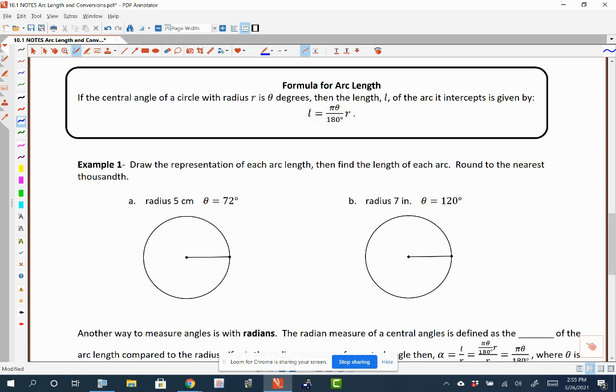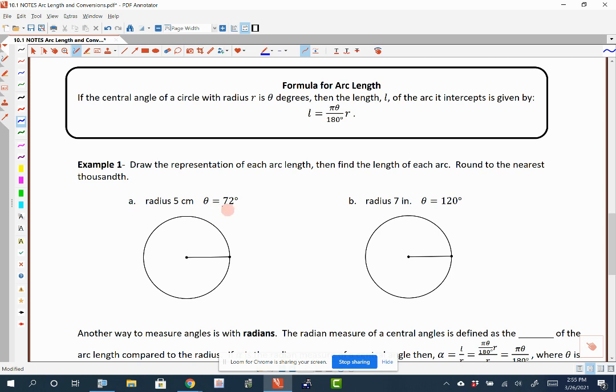So example 1 wants us to draw the representation of each arc length and then find the length of each arc. And we're going to round, it says, to the nearest thousandths. From what we've done with our unit circle, we should be able to make a pretty good estimate drawing of where these thetas are.